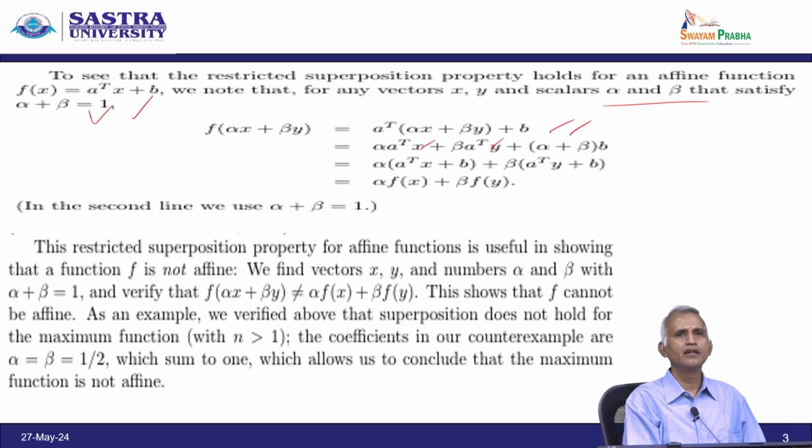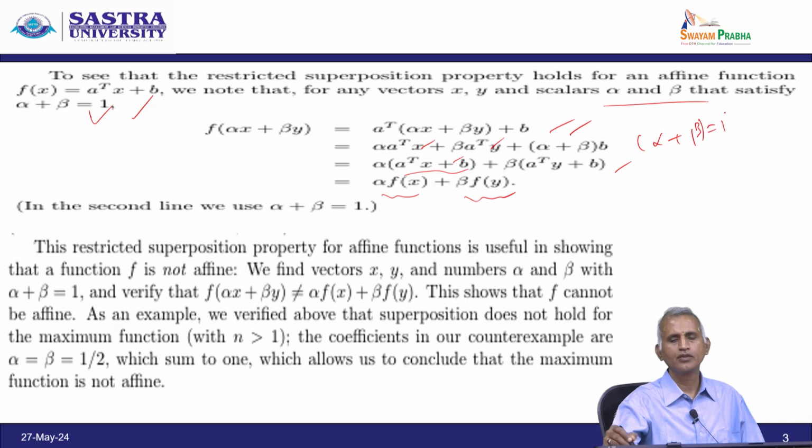Taking alpha common, alpha into A transpose x plus b, and then beta into A transpose y plus b, this part is alpha into f of x and this part is beta into f of y. So it can be expressed as a linear combination, so the mapping is a linear mapping. In the second line we used alpha plus beta equals 1, that is why we used it here for adjustment, so that we get this relationship.